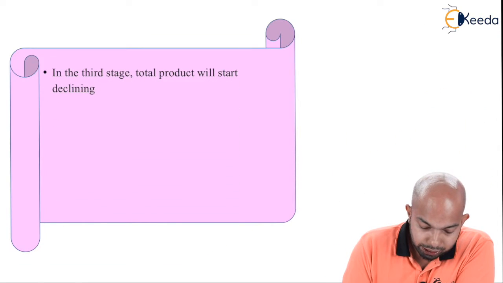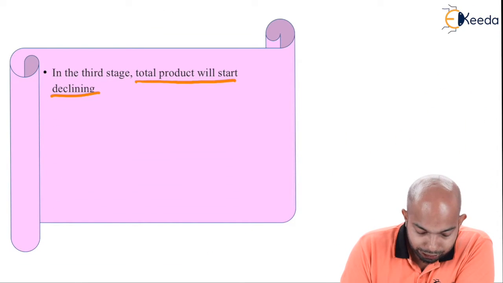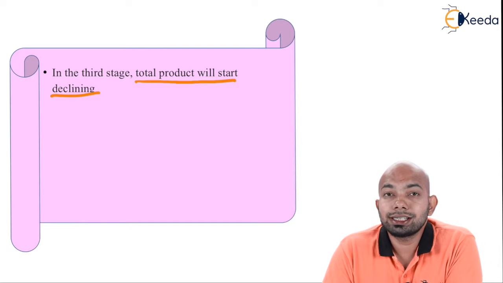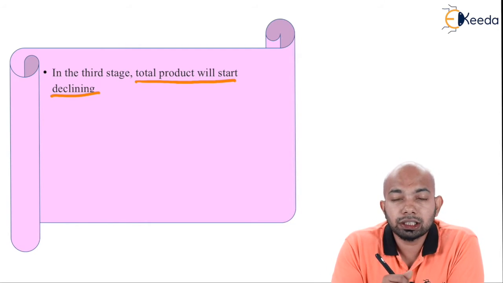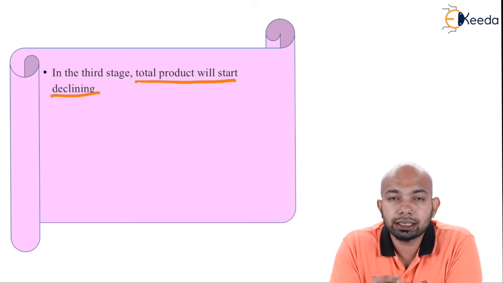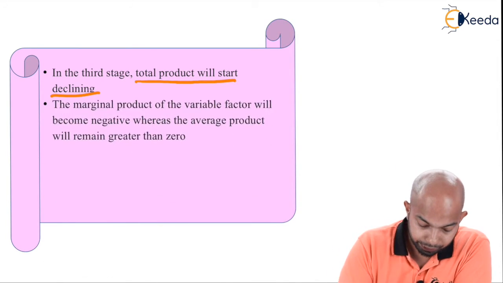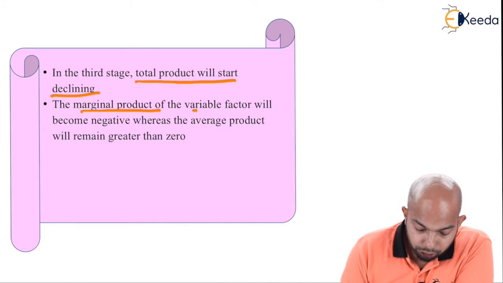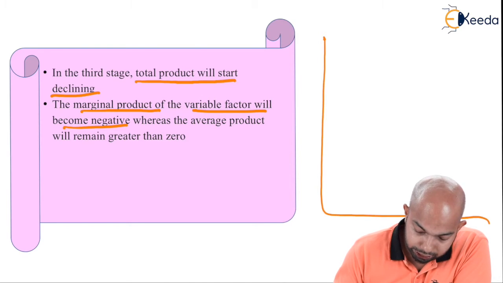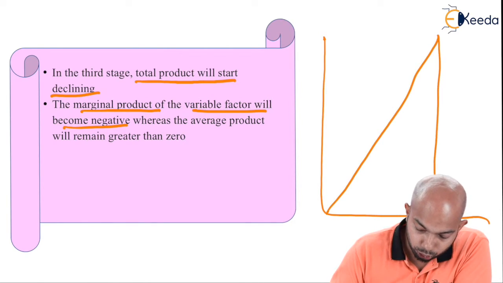Now, the third stage: total product will start declining. When the third stage comes into the picture, average productivity and marginal productivity have already declined. Now it's the turn of total productivity to keep on declining. The marginal productivity of variable factors will become negative. As we discussed earlier, it goes up, and it goes down here.